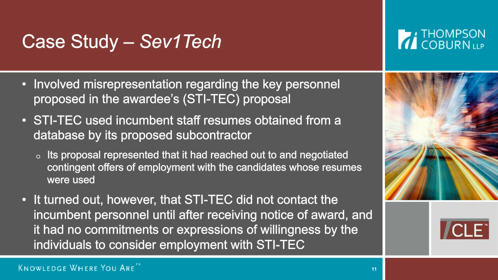So the subcontractor handed over these incumbent staff resumes to this offeror, STI Tech, and its proposal actually said that it had reached out to and negotiated contingent offers of employment with the candidates whose resumes were used. It turned out, though, that was certainly not the case.